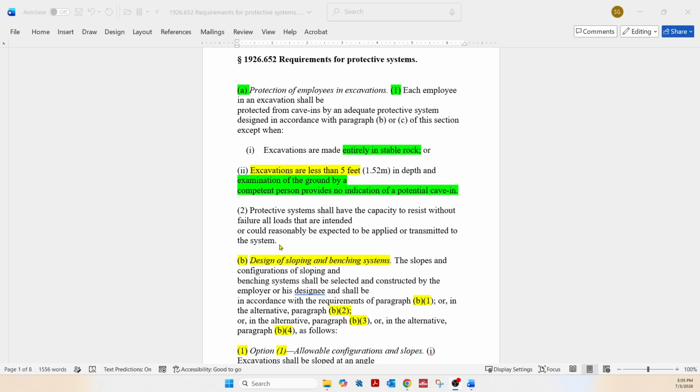What are we talking about when we say loads? Pressure. How much? Well, not pressure so much as force. These shields and shoring are all based on what's called static physics. In other words, for something to remain static or stationary, the sum of all forces needs to equal zero.